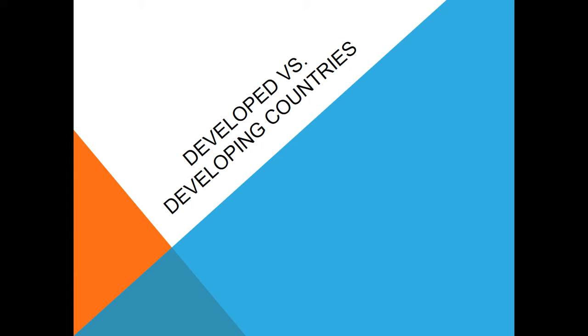So up to this point, we've learned about the 5 themes of geography. We've learned about the impact of culture on our geographic landscape. We have learned about the impact imperialism has on our landscape.